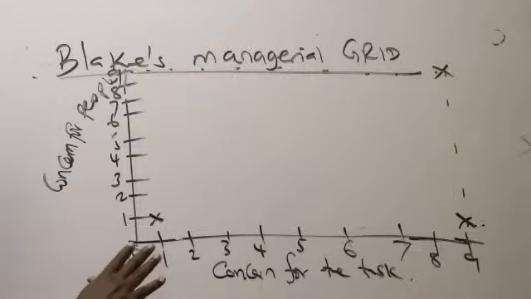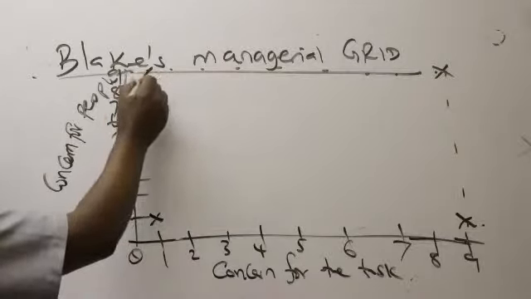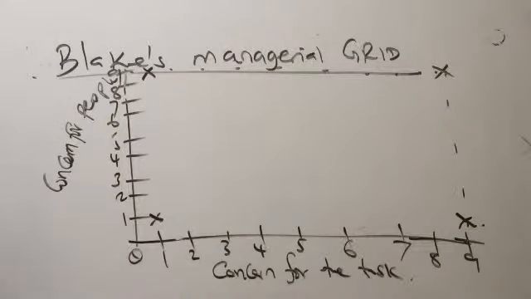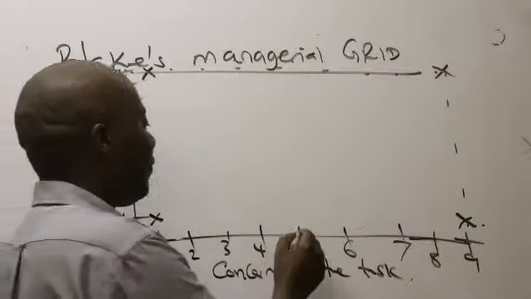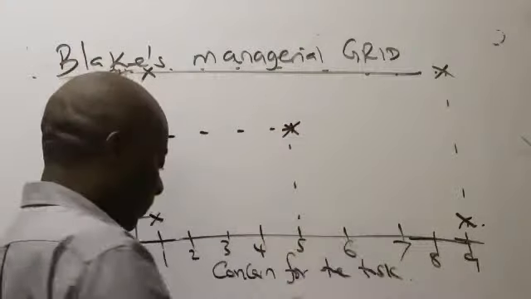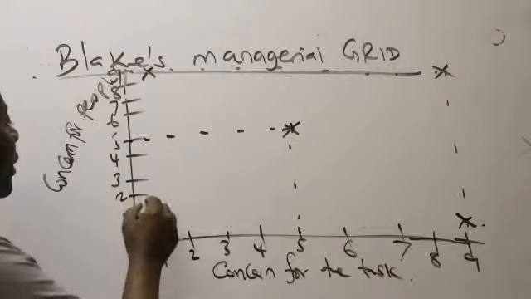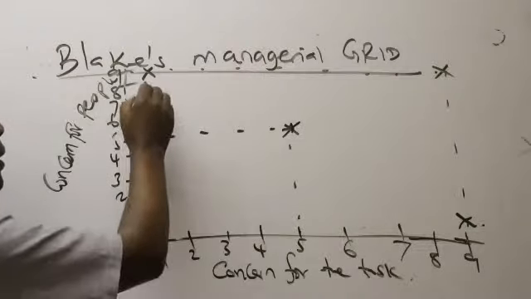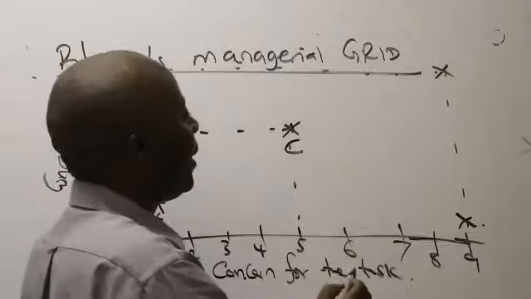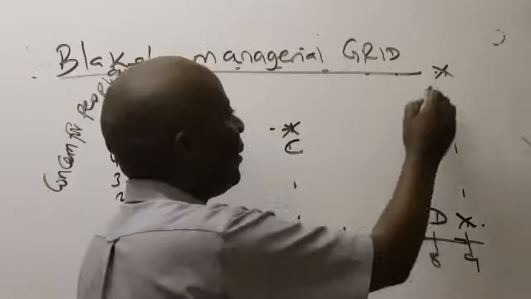And then we have this other guy who operates here at 1 versus 9. And then we have the middle guy, 5, 5. So I'll call the manager here A, the manager there B, the manager there C, the manager here D, and the manager there E.